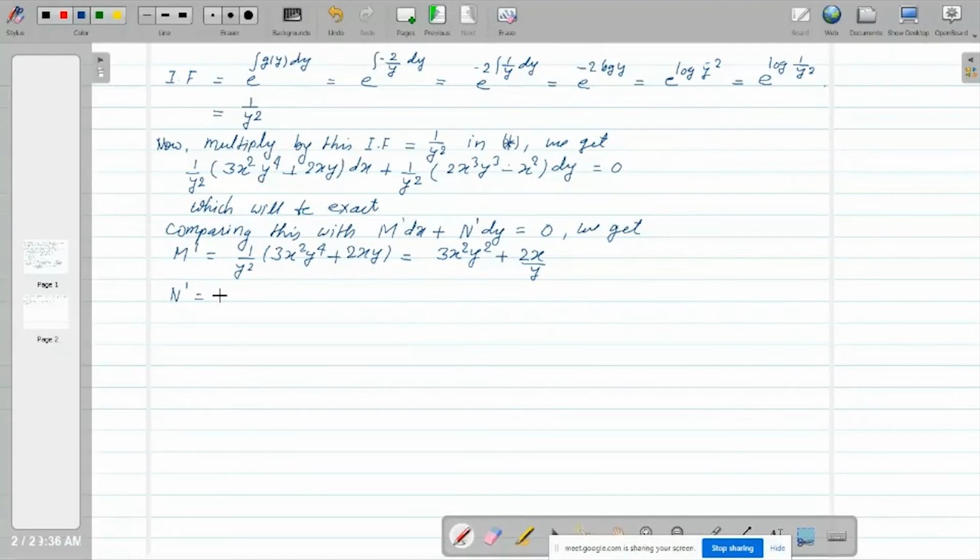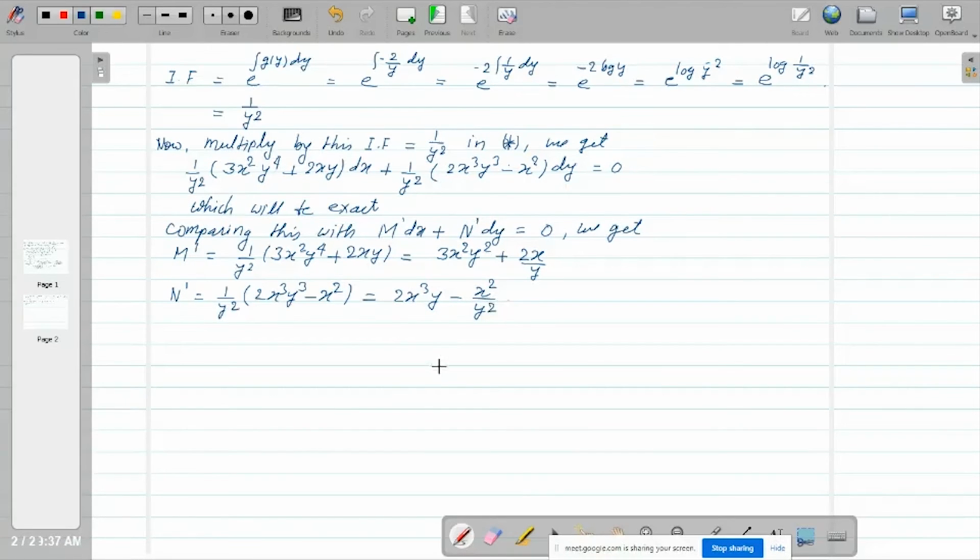Now N dash will be 1 upon y square into 2x cube y cube minus x square. Now just simplify this again. So you will get 2x cube y minus x square by y square.